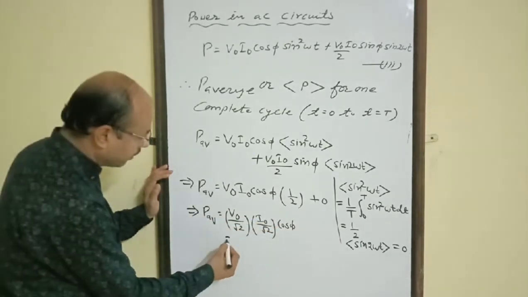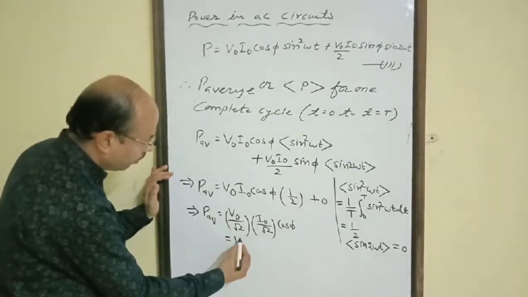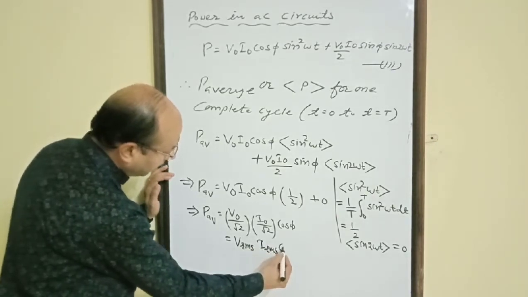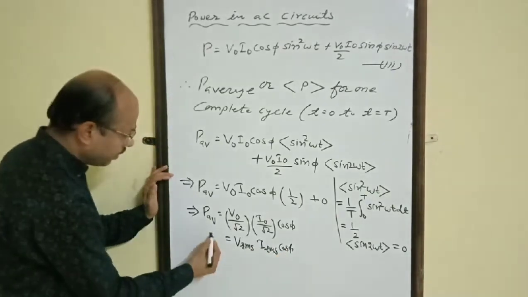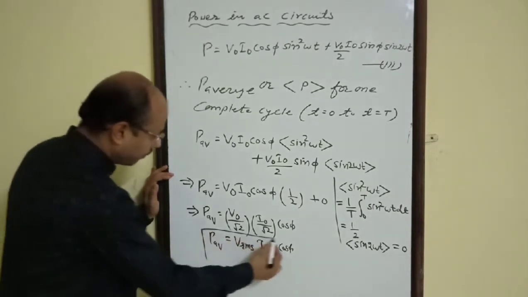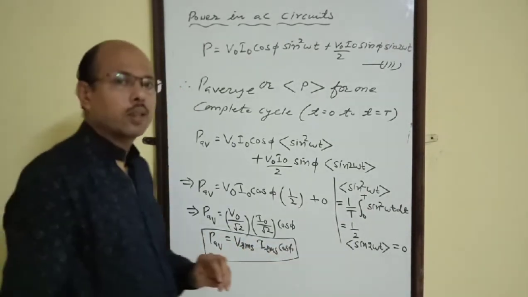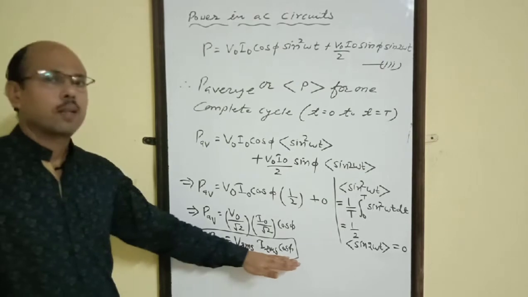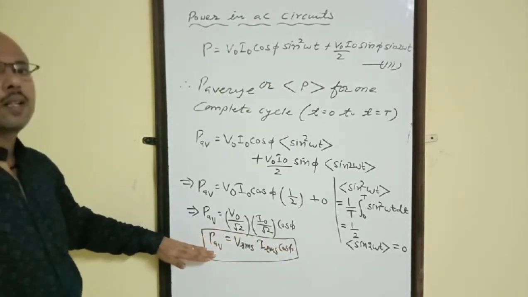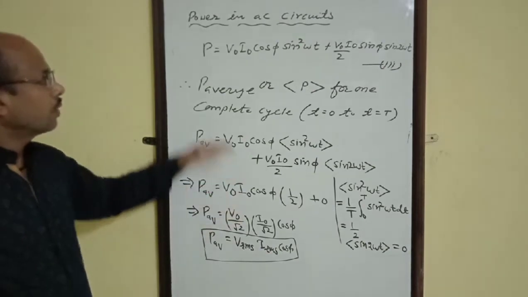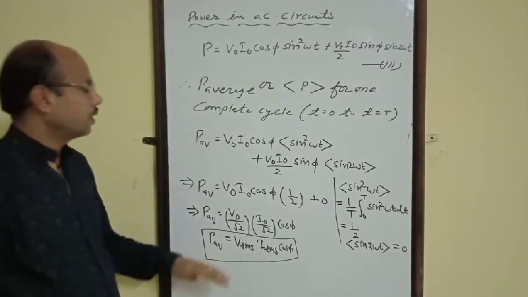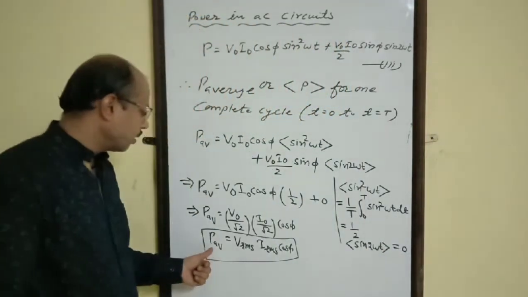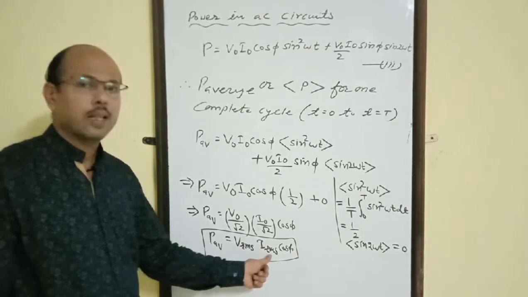Since this is the RMS value, that is V RMS I RMS cos phi. Average power consumed per cycle is P average equals V RMS I RMS cos phi. This is a very important relation, and there are so many questions based on it.